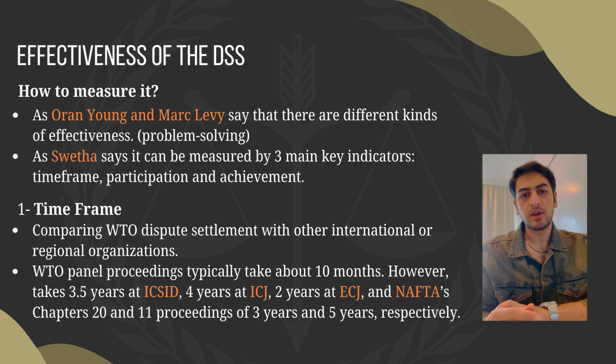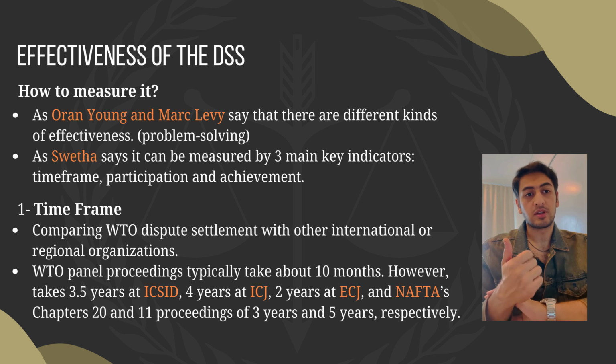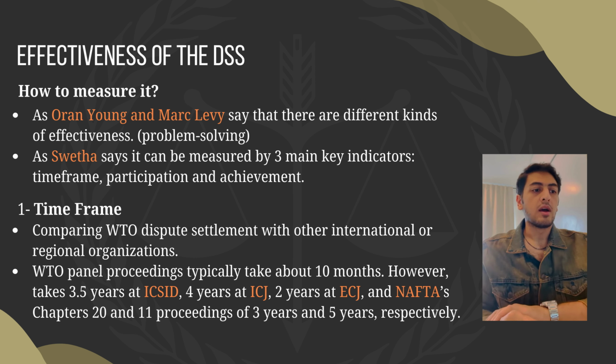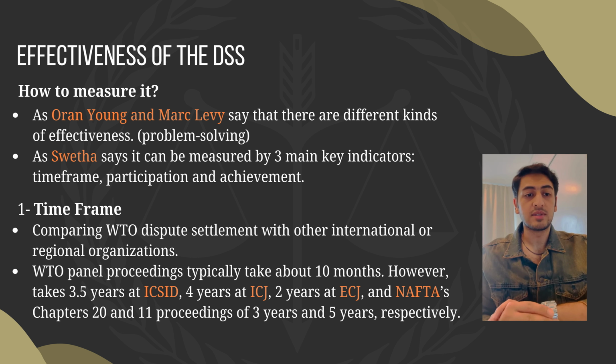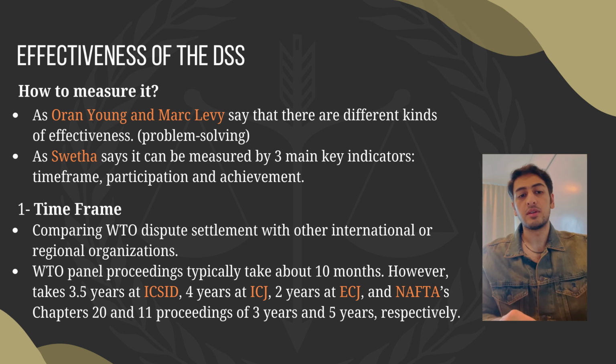This factor will be measured by 3 main key indicators: time frame, participation, and achievements. Time frame. For using this indicator, we have to compare WTO dispute settlement with other international or regional organizations. As a matter of fact, solving a dispute in WTO dispute settlement is significantly faster than in the other organizations.